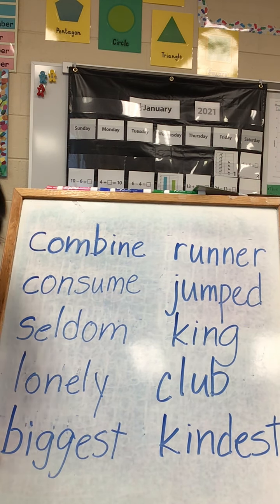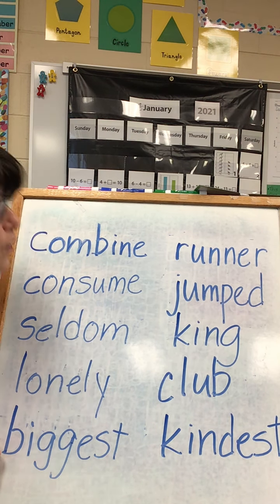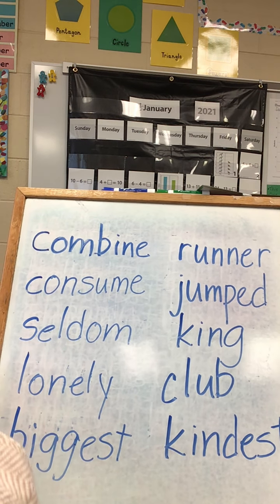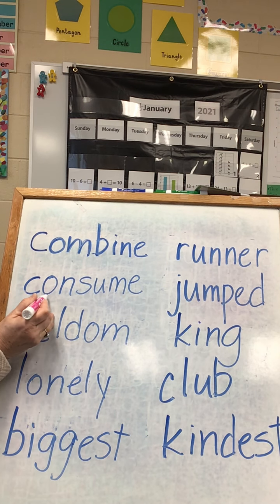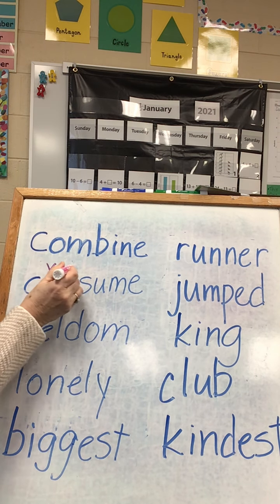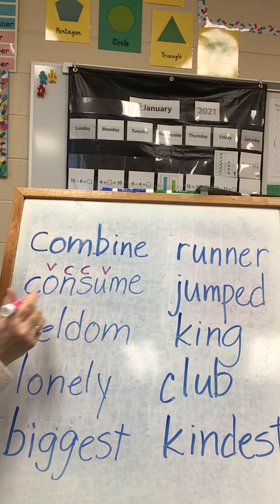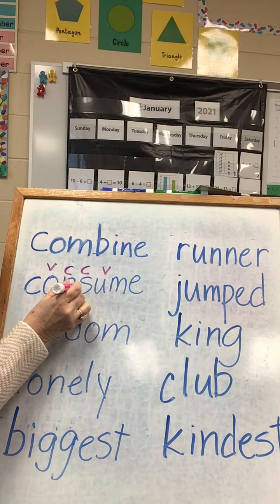Okay. Remember, if some of these words are a little big for you and you're having trouble sounding them out, look for a vowel, consonant, consonant, vowel, like right here. And then you'll know that you can divide that word in between the 2 consonants right here.